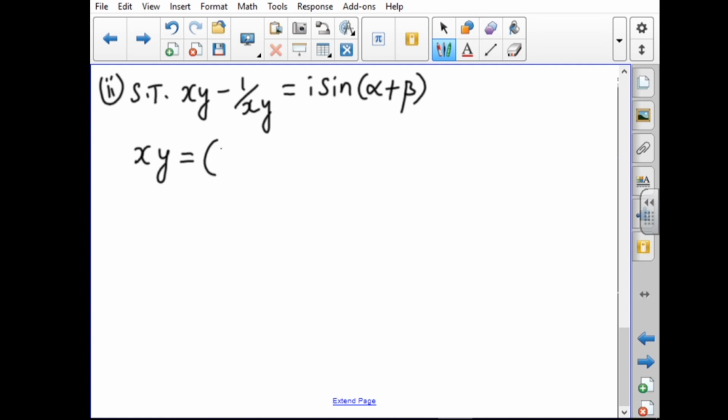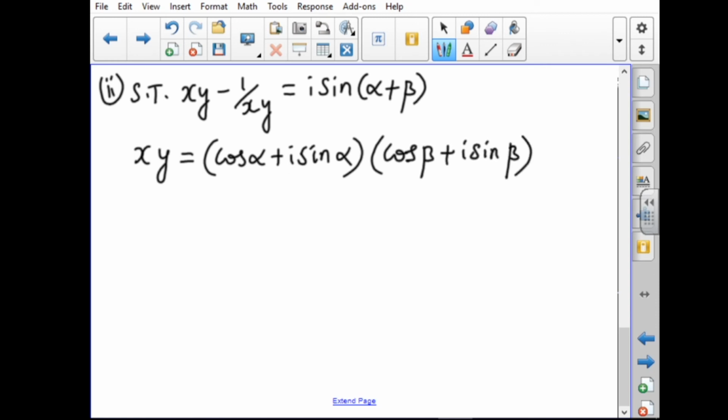We are going to multiply cos alpha plus i sine alpha into cos beta plus i sine beta. Here multiplication means the angles should be added. So we can write this as cos of alpha plus beta plus i sine of alpha plus beta.